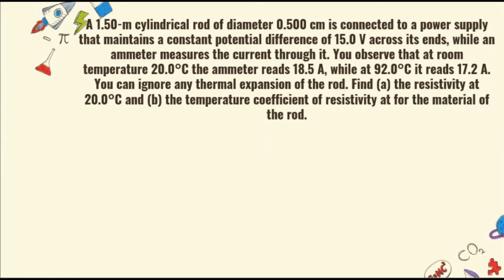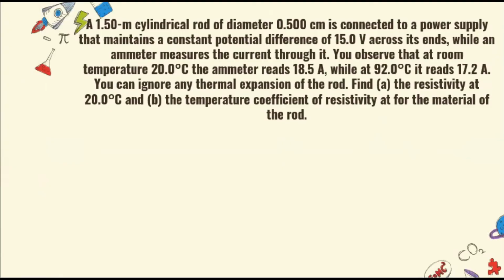We observe that at room temperature, 20.0 degrees Celsius, the ammeter reads 18.5 amperes, while at 92 degrees Celsius, it reads 7.2 amperes. You can ignore any thermal expansion of the rod. Find the resistivity at 20 degrees Celsius and the temperature coefficient of resistivity of the material of the rod.